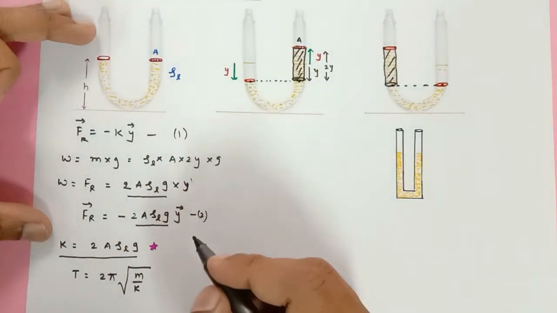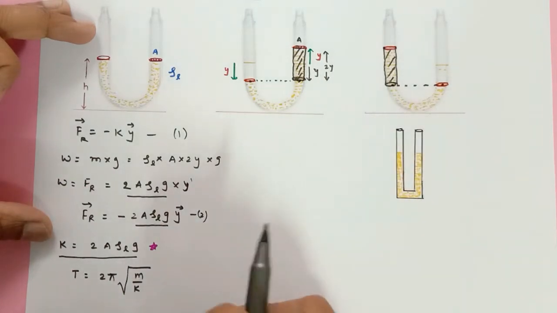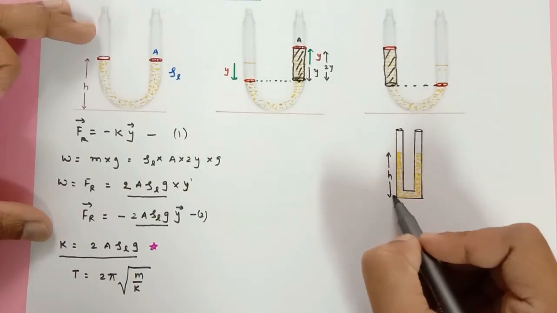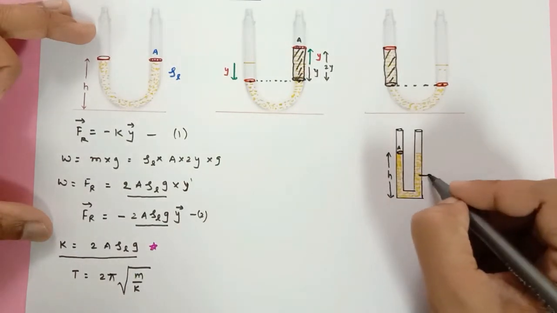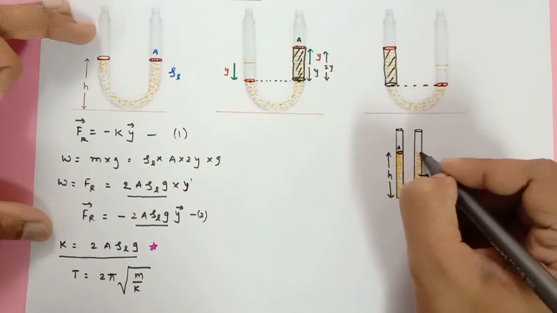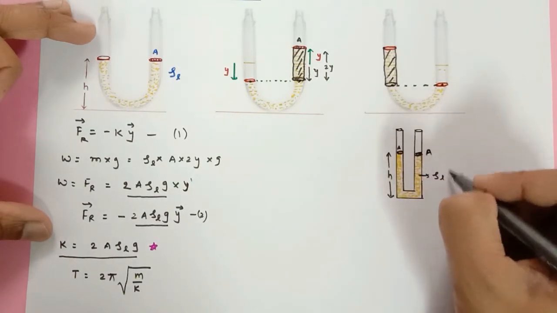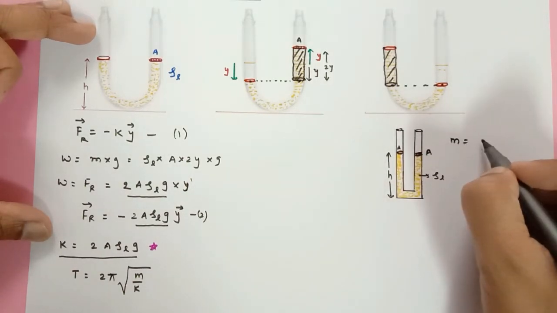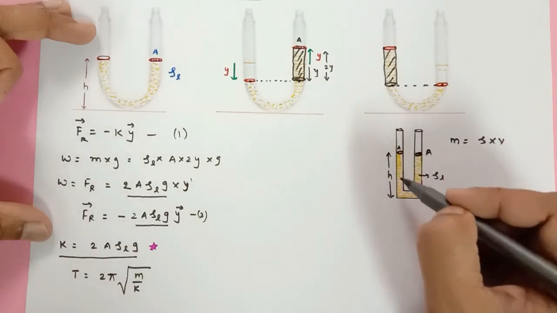Now I'm going to make an assumption that this tube is just like this, whose arms are very near. Now we have considered this height as H, this cross-section is A, and the density of the liquid is rho L. This is again A, this height is again H, like that. So now mass is equal to density times volume, and mass of what? Mass of the entire liquid.